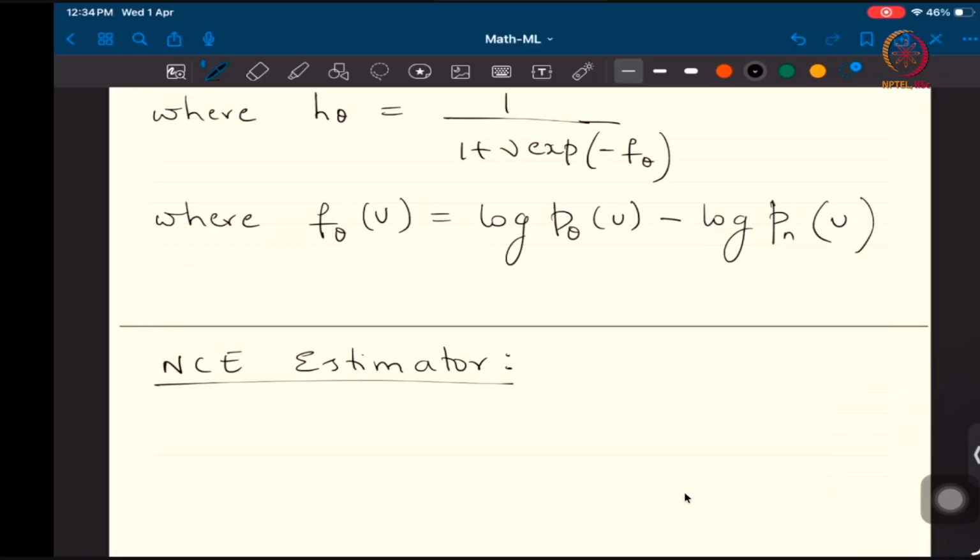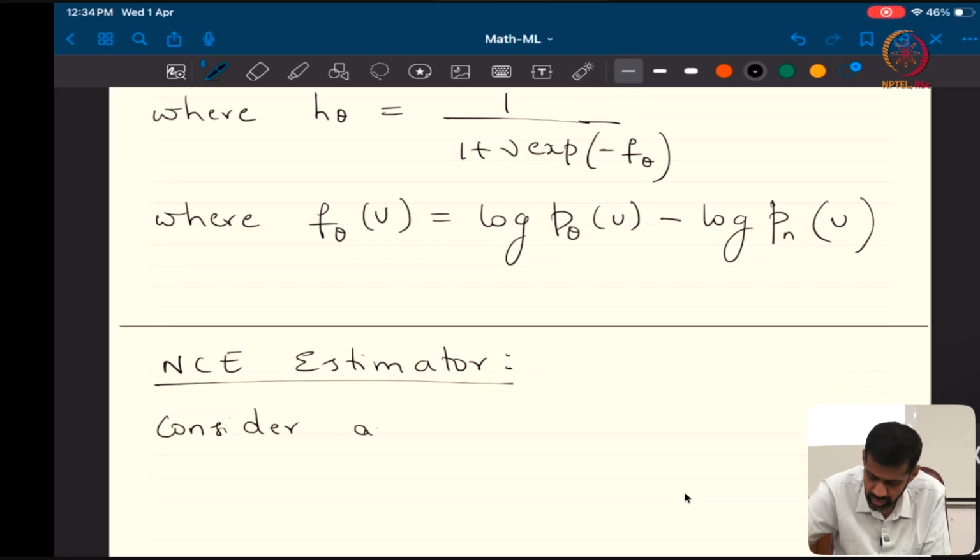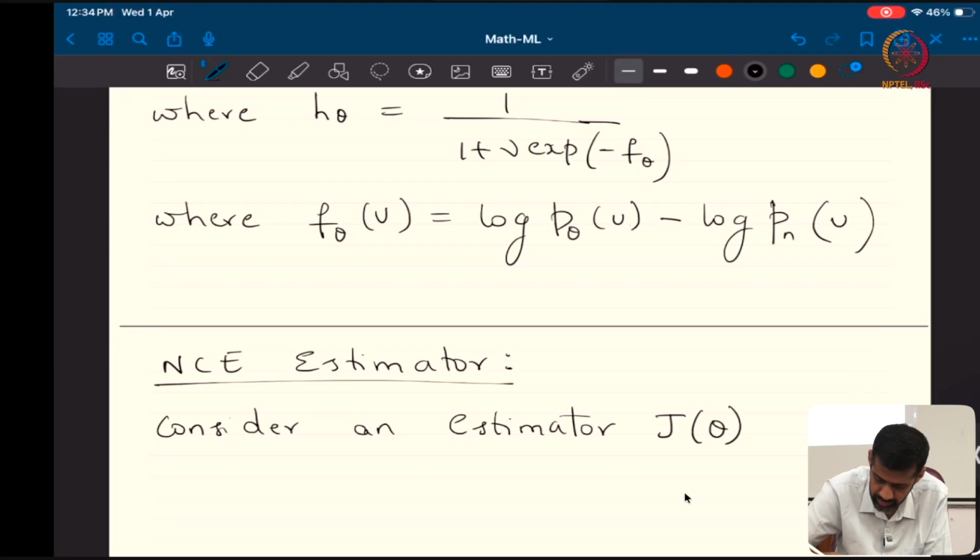Welcome to this lecture. Now, the final NCE estimator. Consider an estimator J of theta as follows.